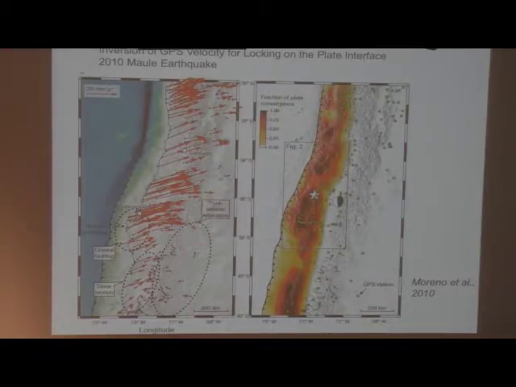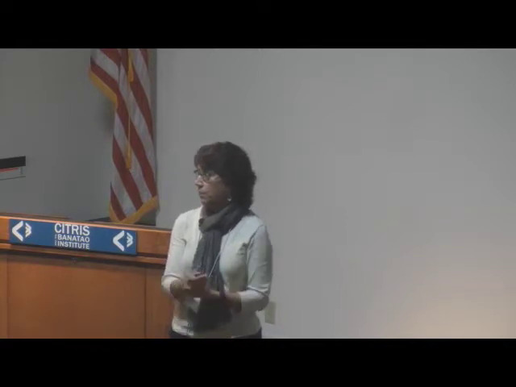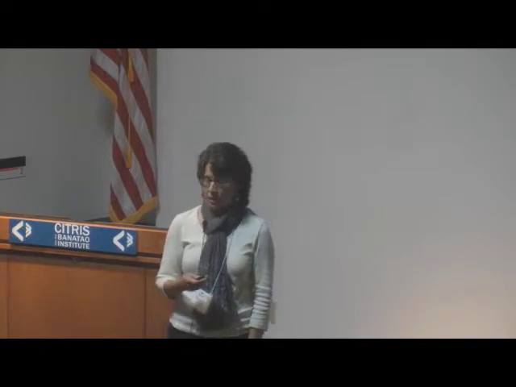So if we know which parts of the plate interface are locked, can that tell us those exact areas are where we're going to have most of the slip in an earthquake? Can they tell us where the asperities in the upcoming earthquake are?